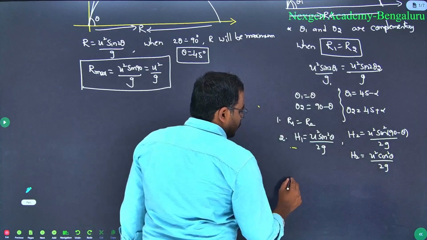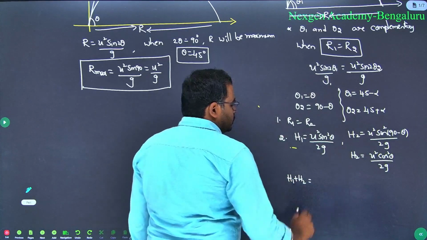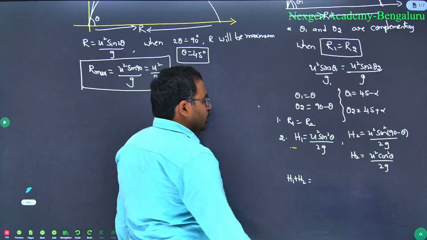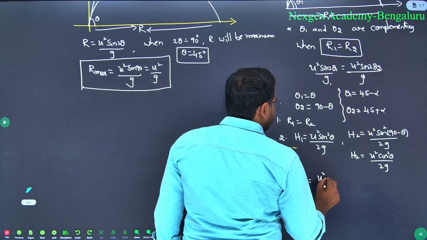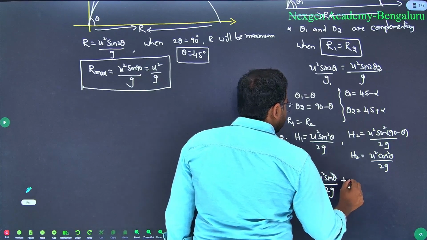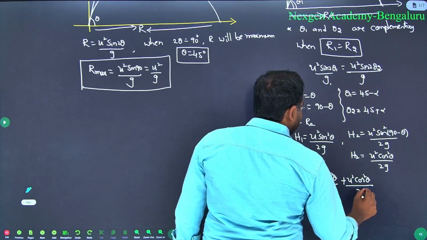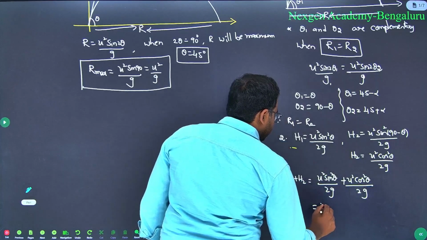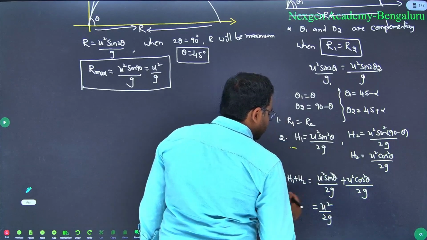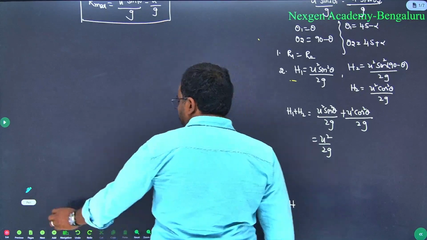Now you can write H1 plus H2 is equal to U square sin square theta by 2g plus U square cos square theta by 2g. This becomes U square by 2g, because sin square theta plus cos square theta is equal to 1.